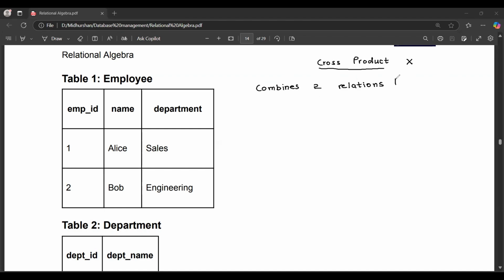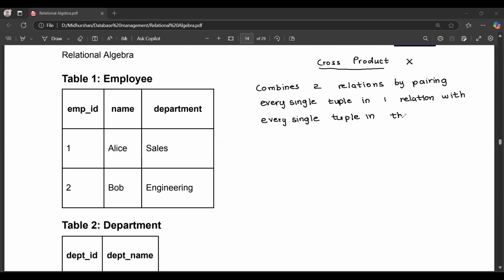They are combined by pairing every single tuple in one relation with every single tuple in the other relation.